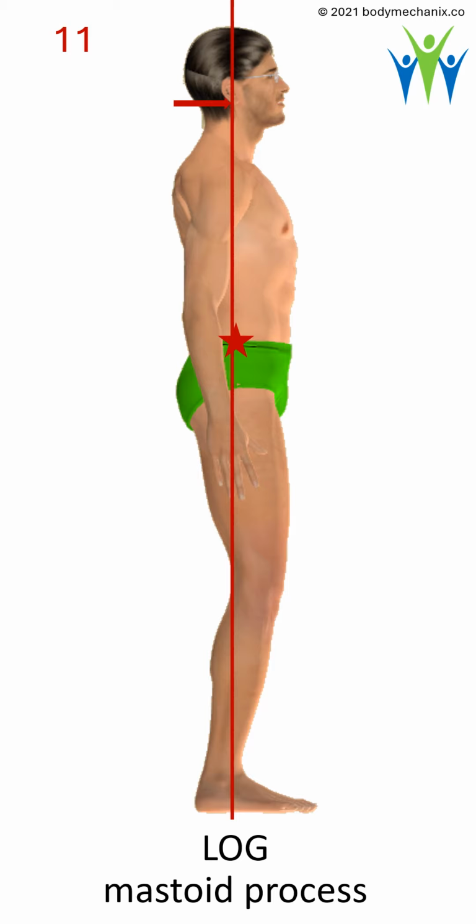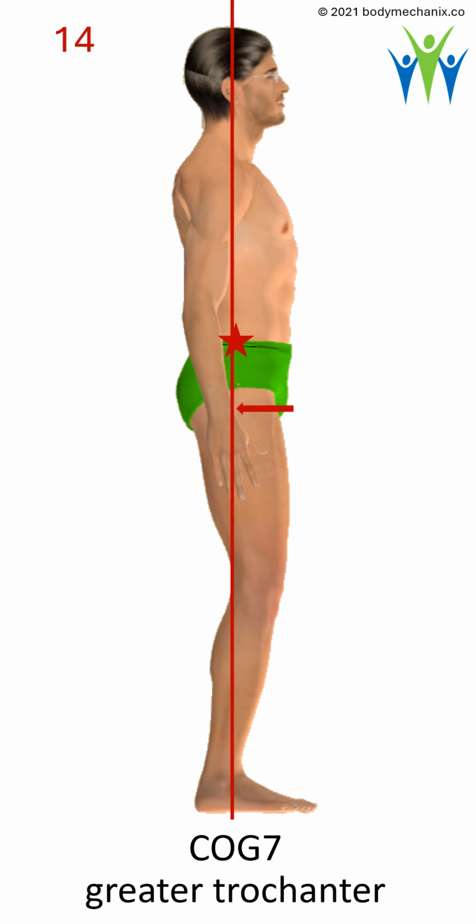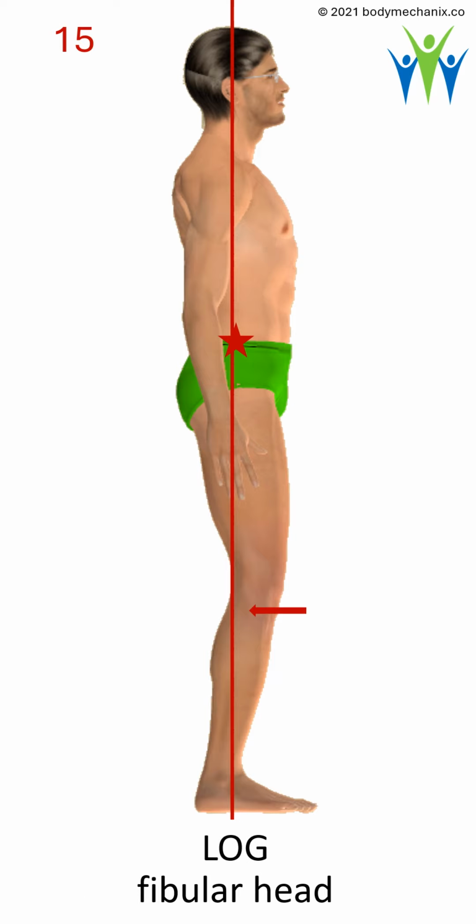Ideally, the line of gravity will pass through the mastoid process of the skull, run just anterior to the shoulder joint, go through the center of gravity, run through the greater trochanter of the femur, through the head of the fibula, and anterior to the lateral malleolus, so just in front of the ankle joint before it hits the ground. Try to memorize those positions. We will need them a lot later on.